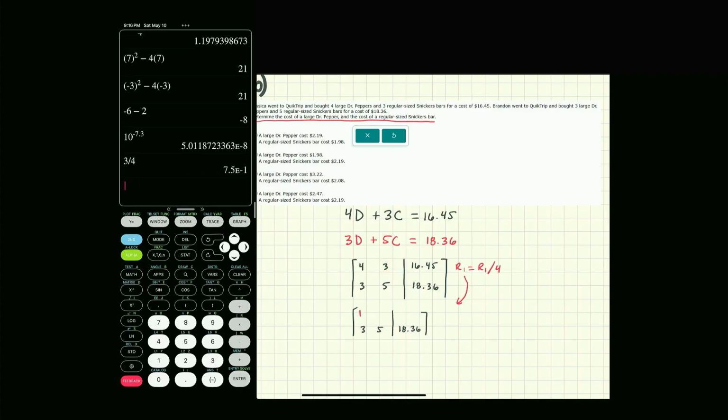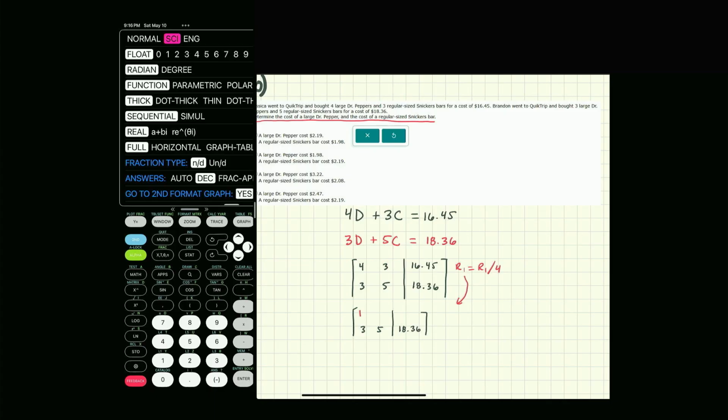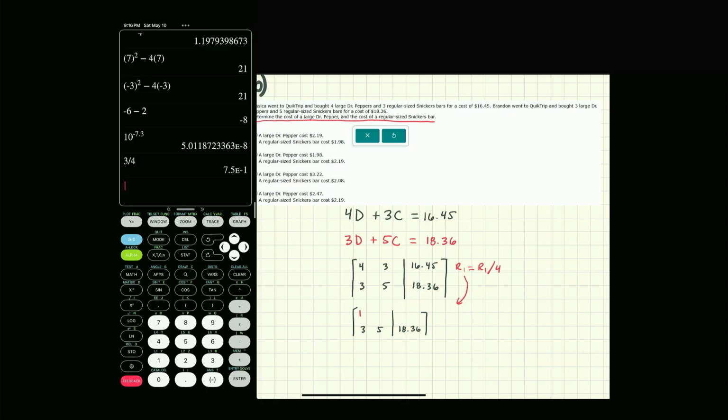Oops, I didn't switch back from scientific mode from my pH problem, so I need to go back to normal mode. And 3 divided by 4 is 0.75. And we've got to divide this as well, so 1645 divided by 4 is 411. Okay, we got our 1.